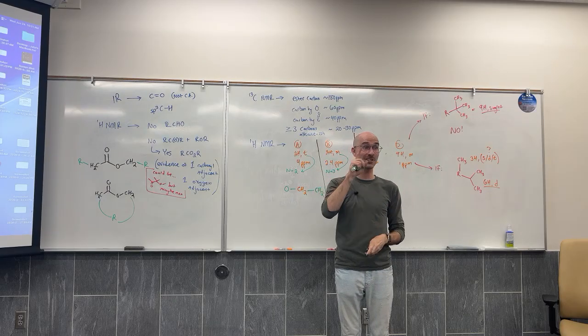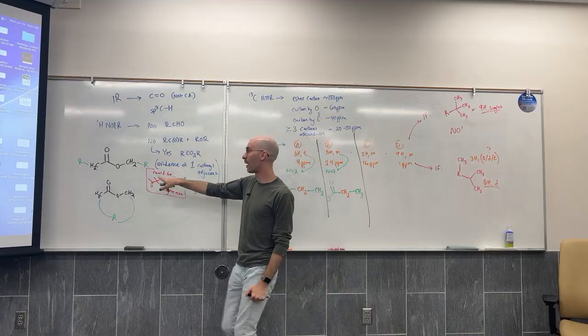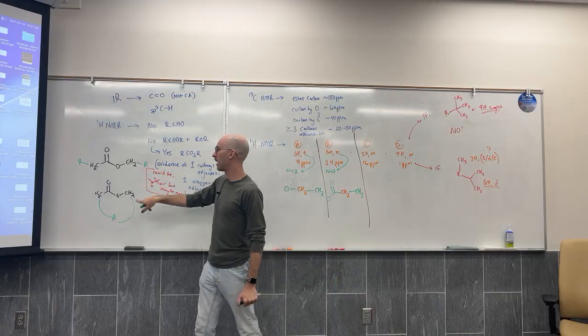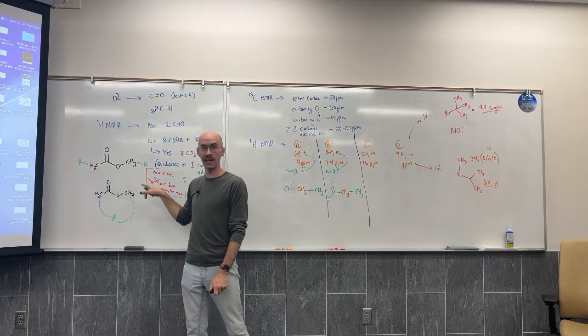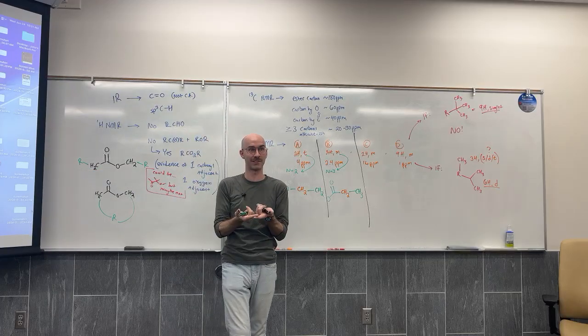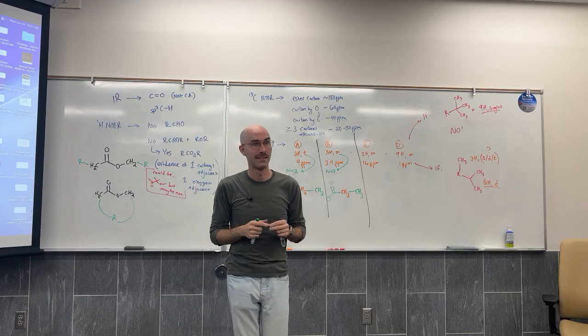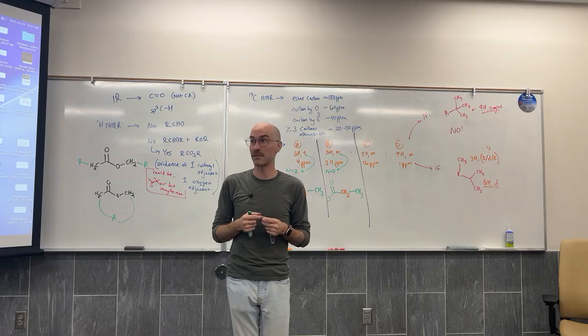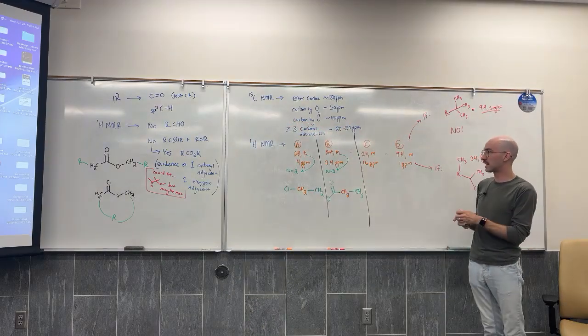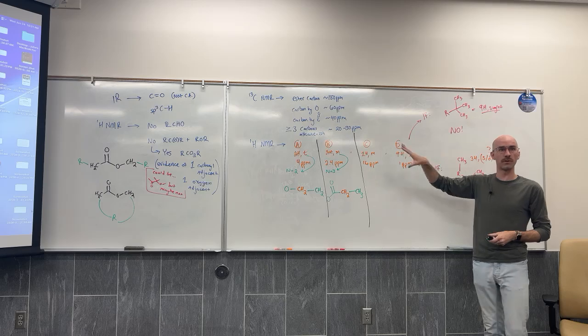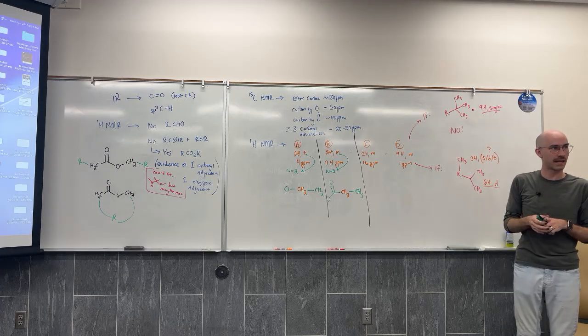So I actually don't know whether, I feel a lot less worried, by the way, I actually don't know whether this is a linear ester or a cyclic ester at the moment. We'll just have to keep filling things in. So let's get to signal C, because signal C is the only one we haven't already made some guess about.